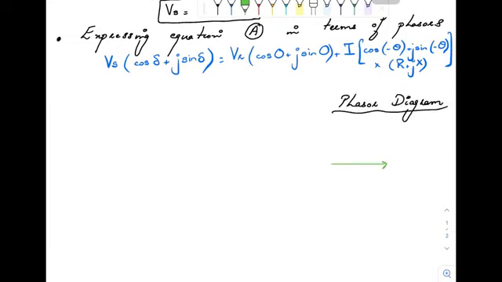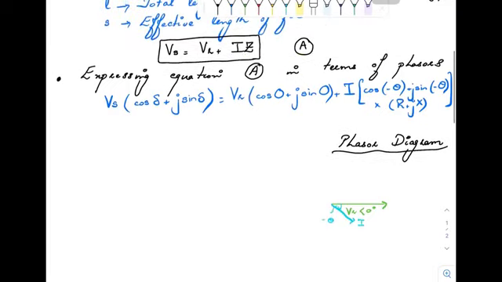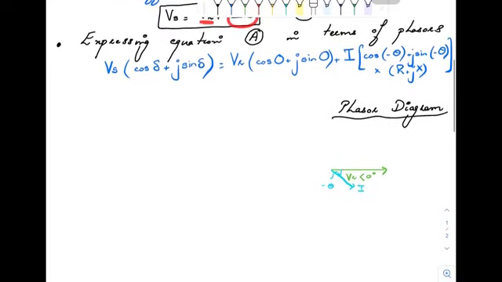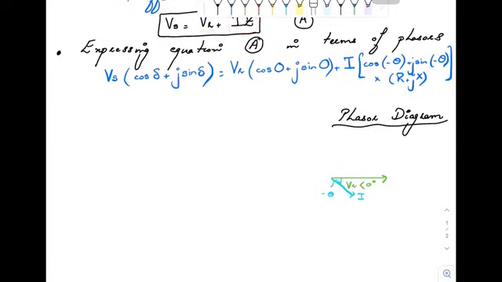So this is the receiving end voltage, that is the reference voltage. The nature of the load is lagging, so we can represent it like this. This angle is minus theta, and in order to implement this equation, we need to add the voltage drop with the receiving end voltage in order to compute the sending end voltage.